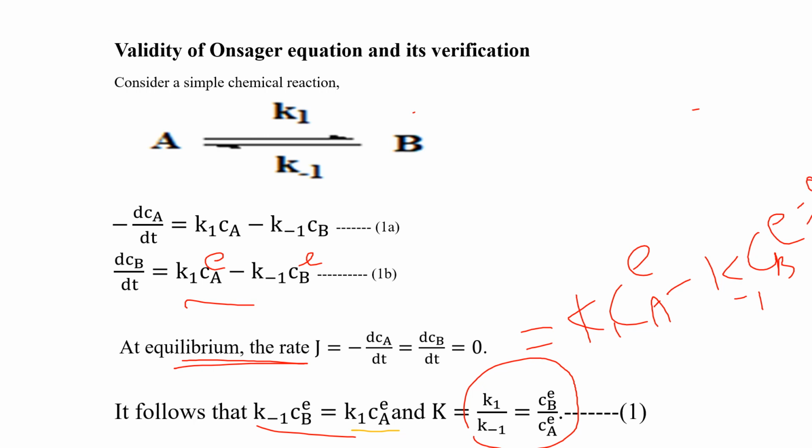Equating this, you will get such a value, which can be considered as another rate constant, capital K, the total rate constant capital K.